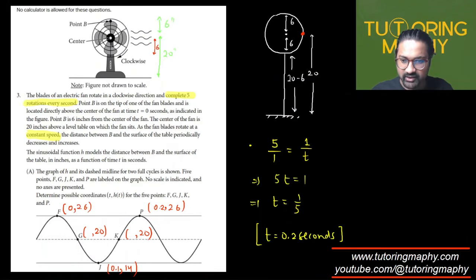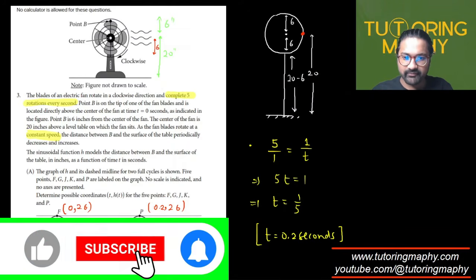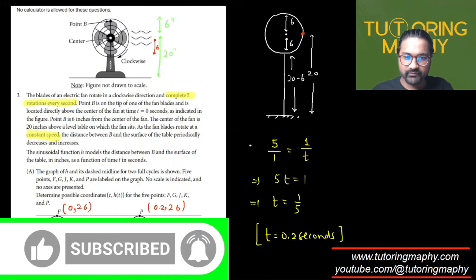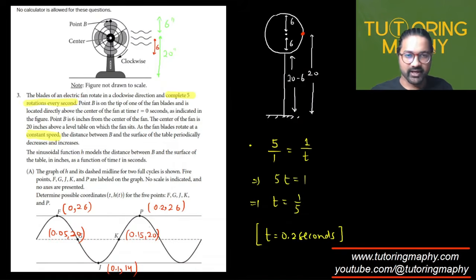So this will be 0.05, 20. And likewise, this will be the midpoint of 0.1 and 0.2, which is 0.15. So this will be 0.15, comma 20. This is the case over here. So these are all the possible 5 points which we can have in part A.